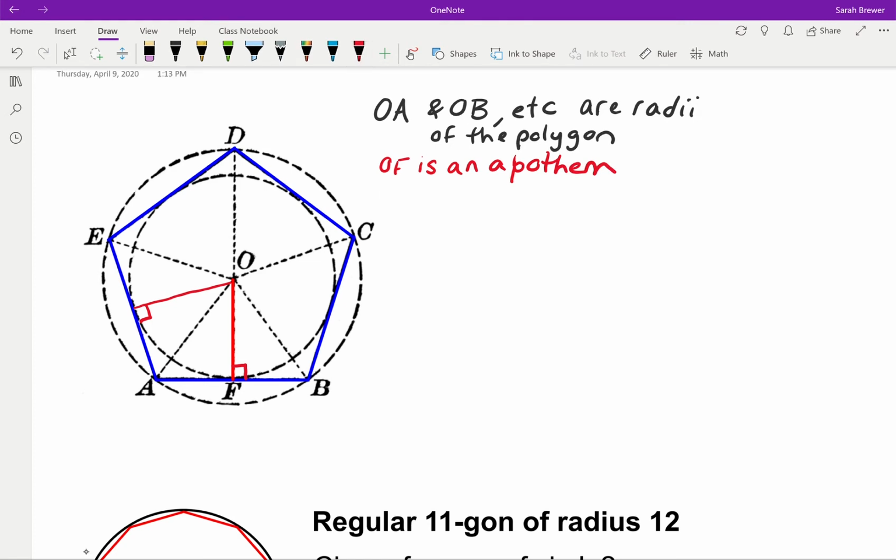Apothem, not a botham. And we need to draw both a radius and an apothem in order to figure out our perimeter and area.